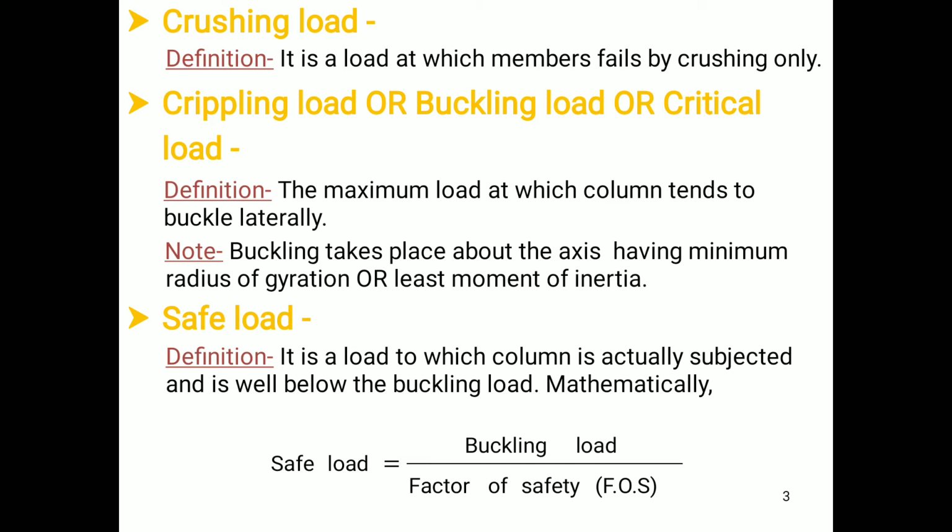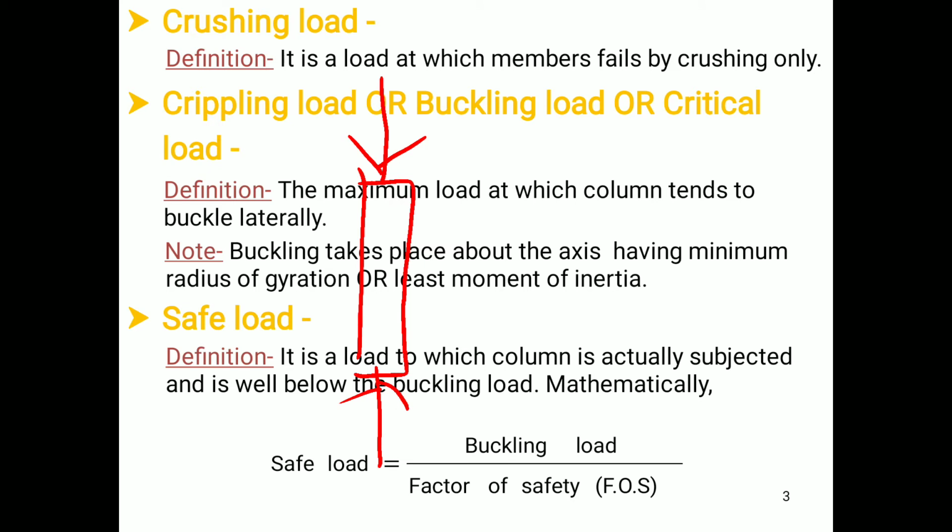Next one is the crippling load, which is also known as buckling load or critical load. It is the maximum load at which the column tends to buckle laterally. For example, suppose this is a vertical column subjected to a compressive load.